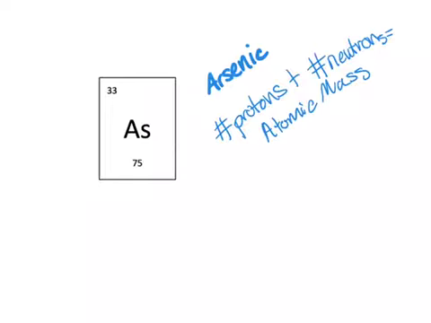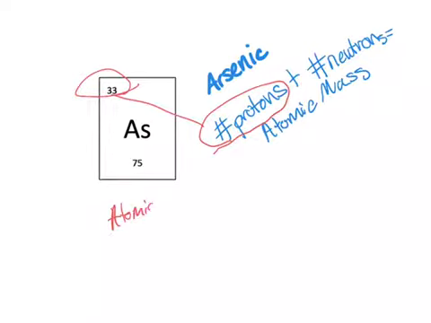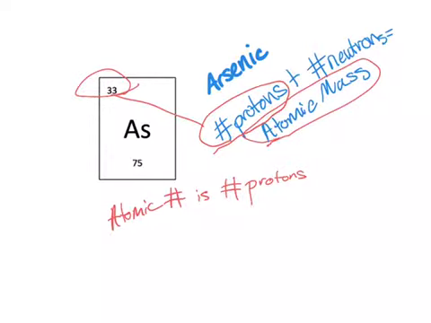So your number of protons is always your atomic number. So atomic number is the number of protons. Your atomic mass is this number down here. It'll always be the bigger number.